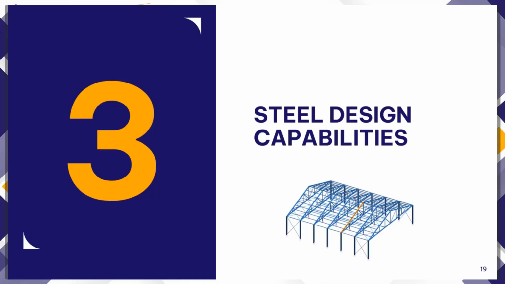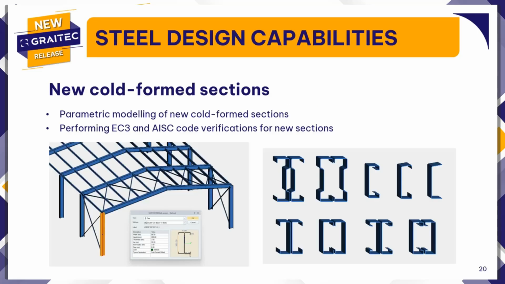Now we are going to the steel design capabilities, and the first point is that with this release of Advanced Design, we introduced the ability to model parametrically 9 new types of cold formed sections: double sigma, back-to-back, and front-to-front.